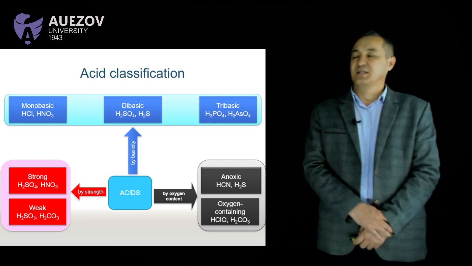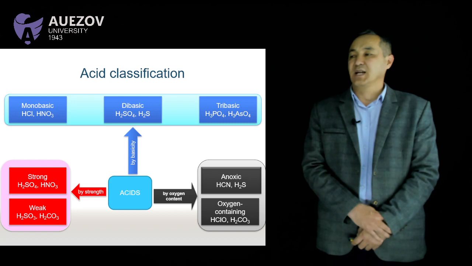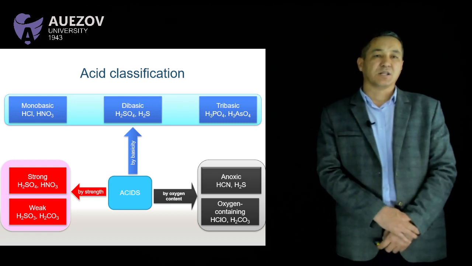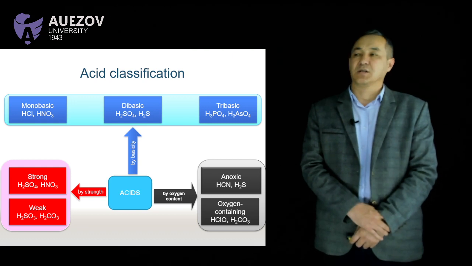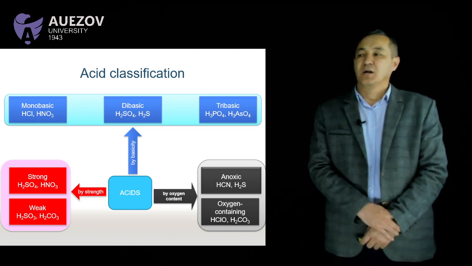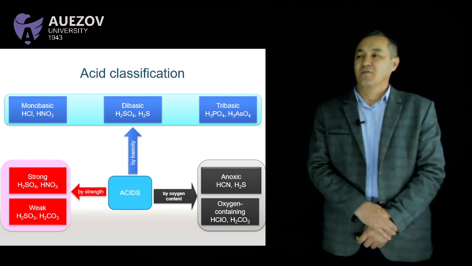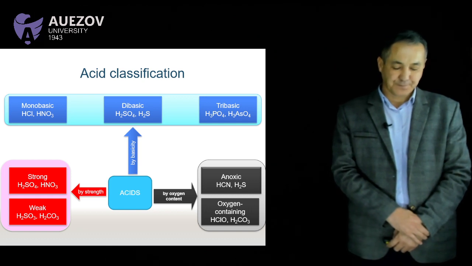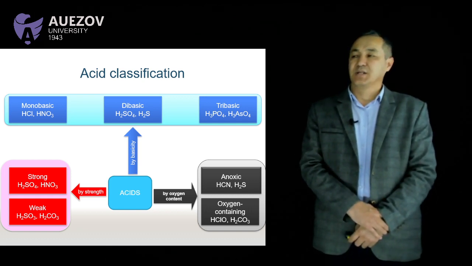And acids can be divided by strength and oxygen content. By oxygen content, acids can be oxygen-free and oxygen-containing acids.